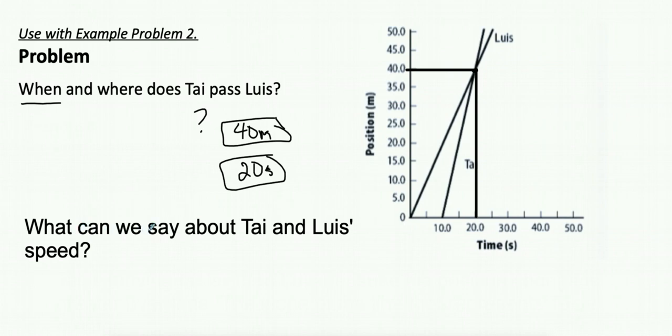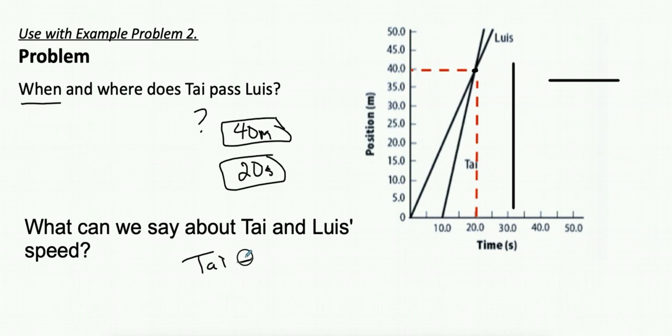Alright, so what can we say about Ty and Luis's speed? Can we give any information about their speed? We can move these lines out of the way. What do you say about Ty's speed compared to Luis's speed? Ty is going to be the faster one because his slope is greater.